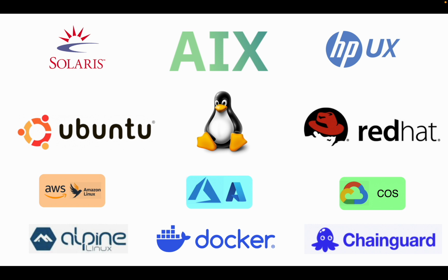And the world has congregated around the Penguin. Linus Torvalds invented it. It's free. It's got everywhere. Red Hat and Ubuntu are probably the biggest two. And then obviously AWS has Amazon Linux, Azure has Azure Linux, and Google Cloud has its container optimized operating system.